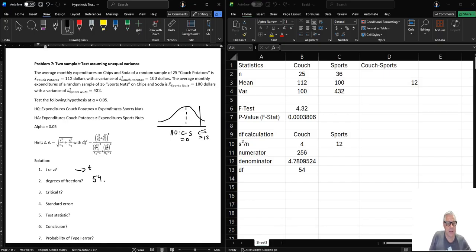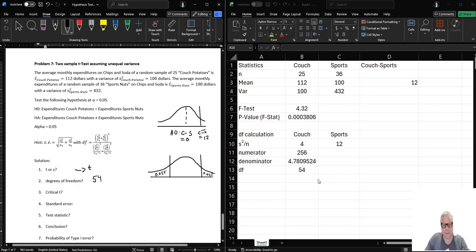So now I can look up the critical T for a two-tailed test. So I need to find the T where I have here 2.5% to the left, and here I have 2.5%.